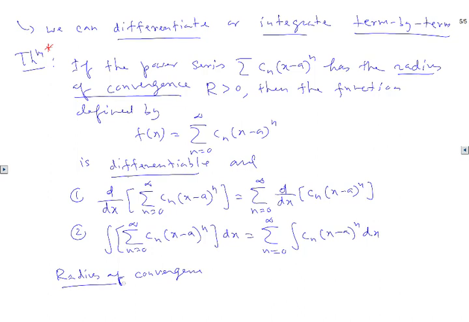The radius of convergence of these new functions is still R. So that's the important part. It's still R. It doesn't change. The radius of convergence does not change.